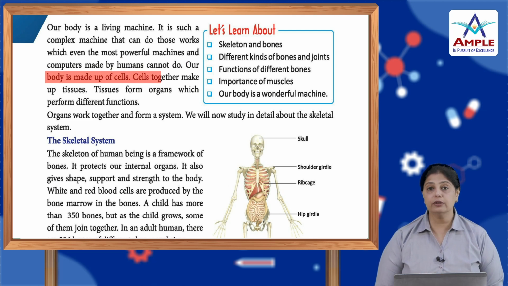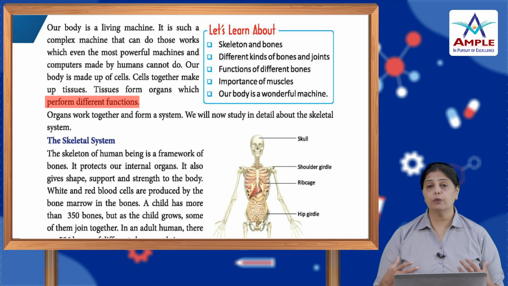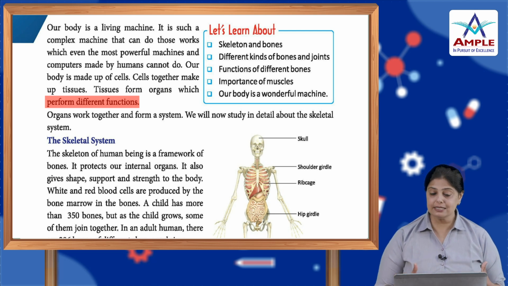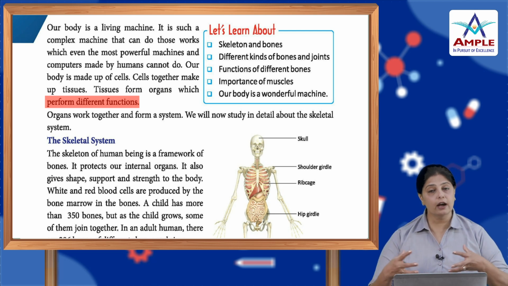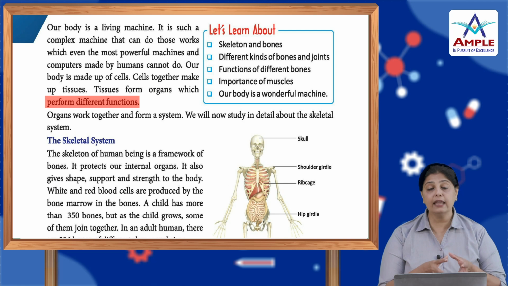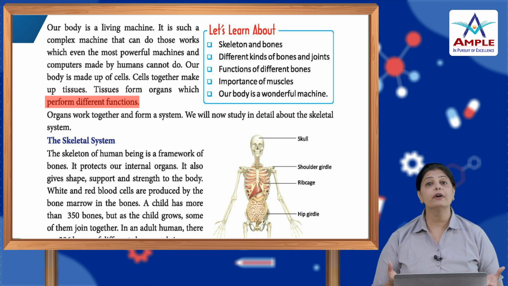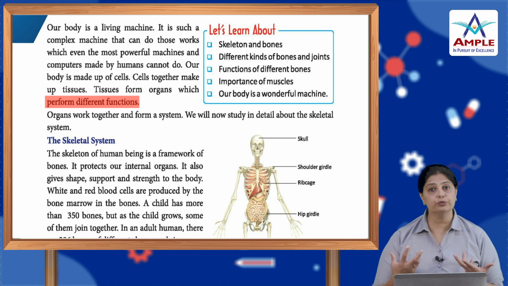Cells together make up tissues, and tissues form organs which perform different functions. So what is our body made up of? Cells. When cells come together, they make tissues, and tissues form what? They form the organs. These organs help us to perform different types of activities or functions or do work.